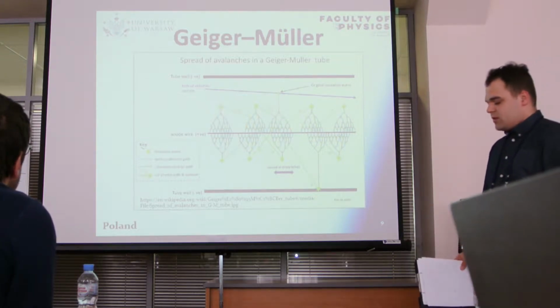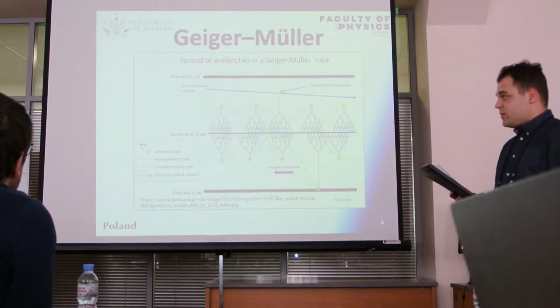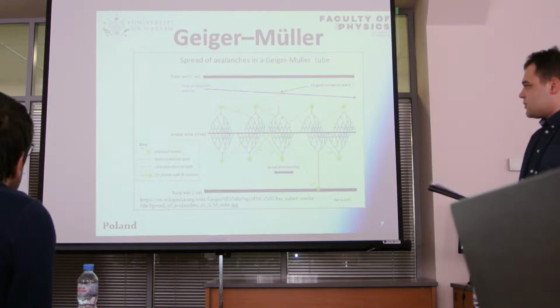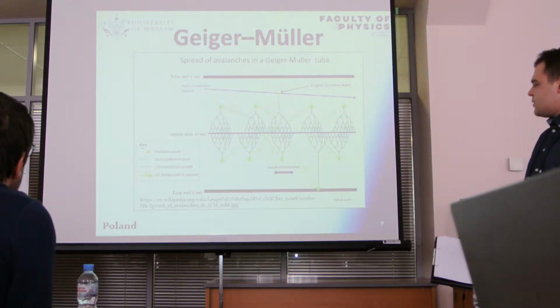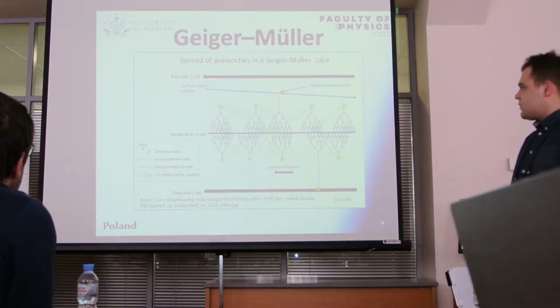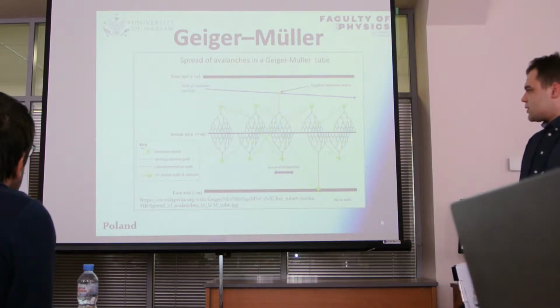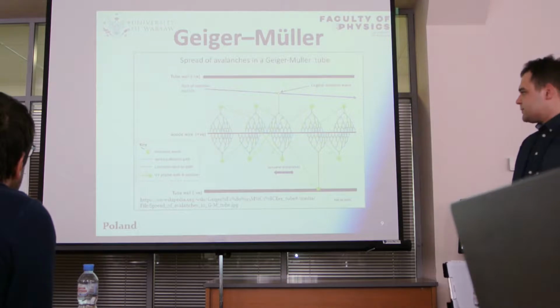The Geiger-Müller tube is built with an anode wire which is inside the Geiger tube and the tube wall. To the anode wire we apply high positive voltage.